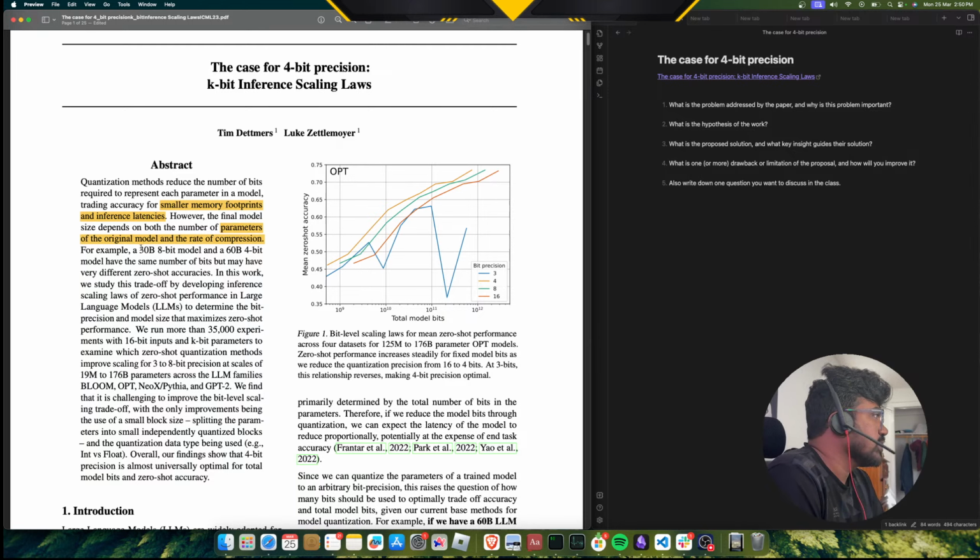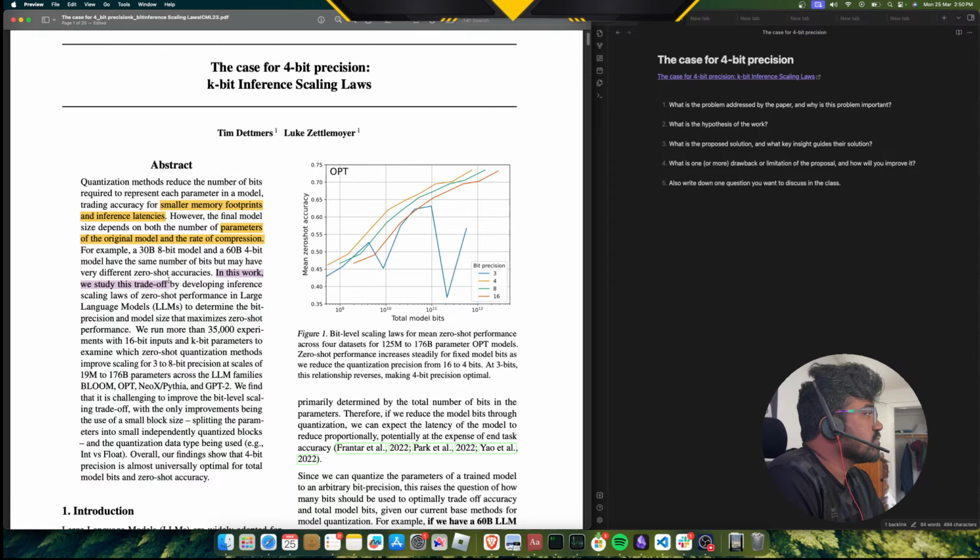For example, a 30 billion 8-bit model and a 60 billion 4-bit model have the same number of bits but may have different zero shot accuracies. Zero shot is when we don't train the model again.